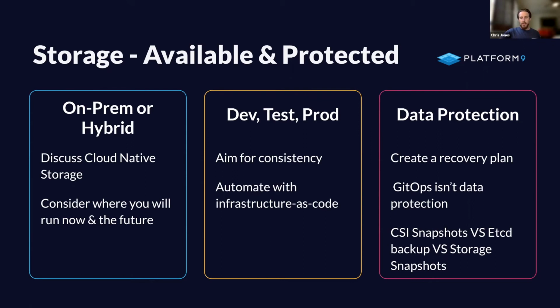And I think it's important that anyone that's considering moving to Kubernetes with stateful workloads, data protection should be considered upfront. What is the strategy for recovery? What happens if data that's been used in production is altered in some way that's not correct? So I think they're the three big buckets that people should be looking at and considering as they move to build out their production Kubernetes environments.